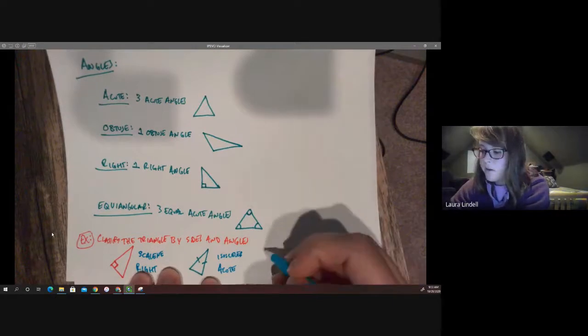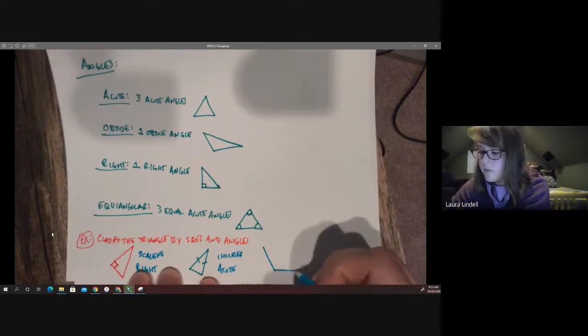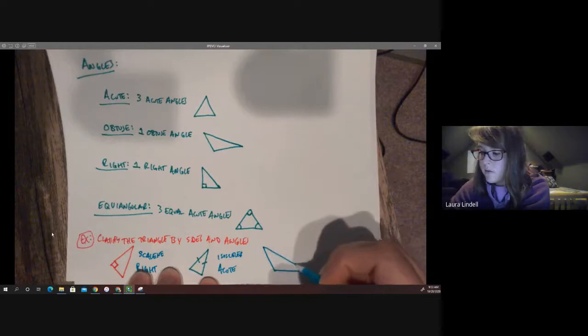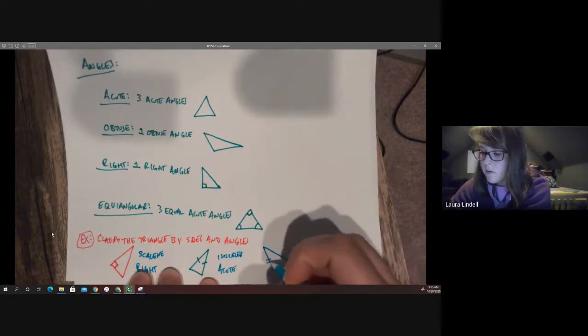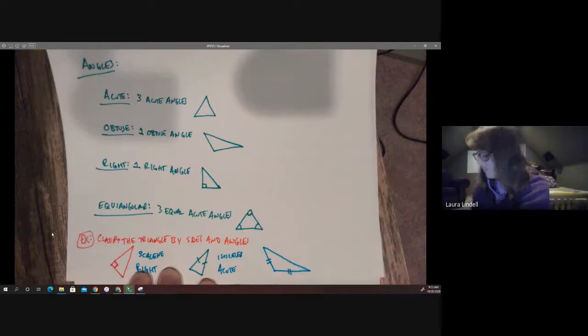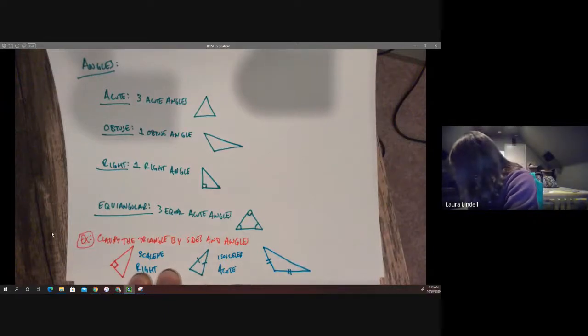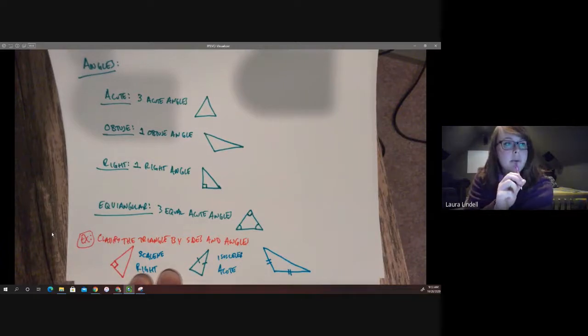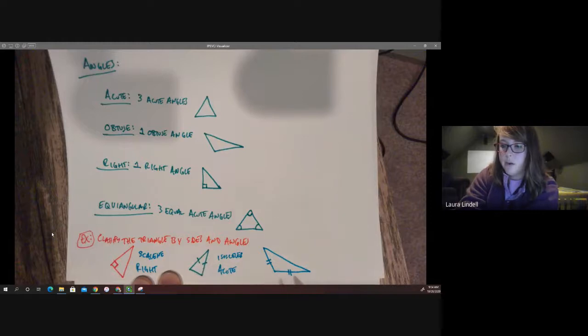We'll do one more. What do we think for this one, classifying it by its sides? Just like the last one, we have two that are the same, right?